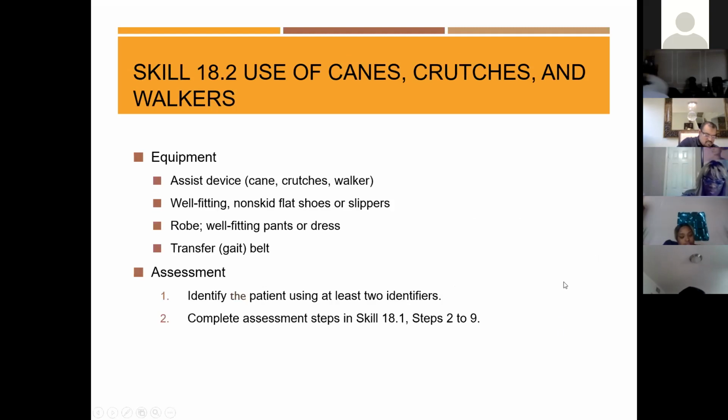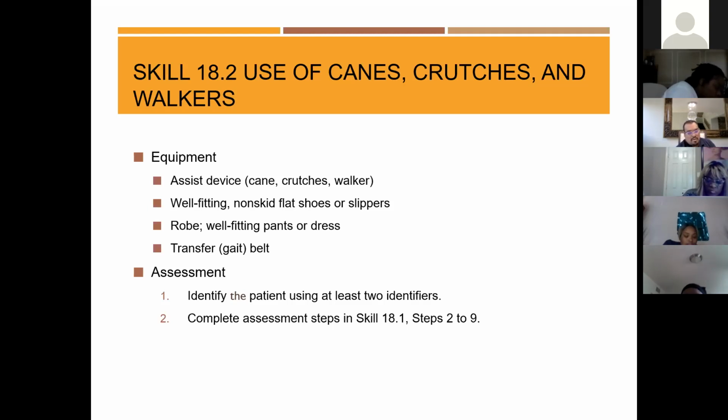Right. Make sure that your patient has whichever assistive device that they're going to be needing, that their shoes are properly fitting, and that they're non-skid surfaces, right? We can't have Nana up in some stilettos trying to walk with a walker, okay? It's not appropriate. I know Nana's used to wearing her stilettos, but she's got to let them go for right now, okay? So make sure that she's got appropriate, well-fitting shoes or slippers.